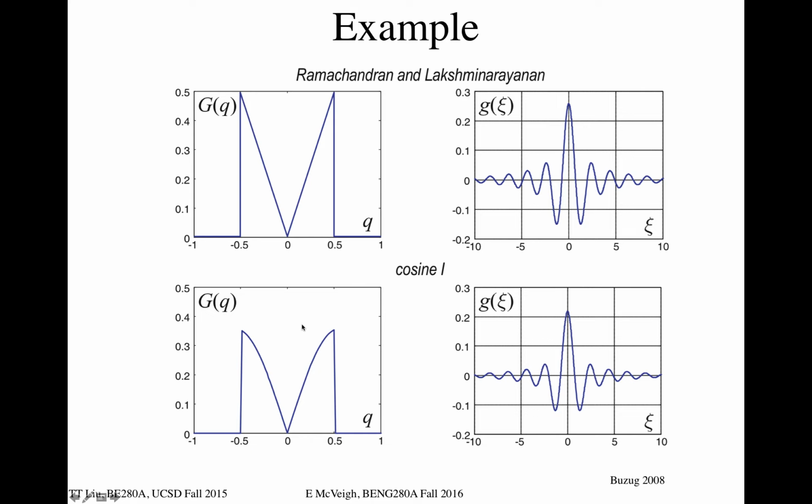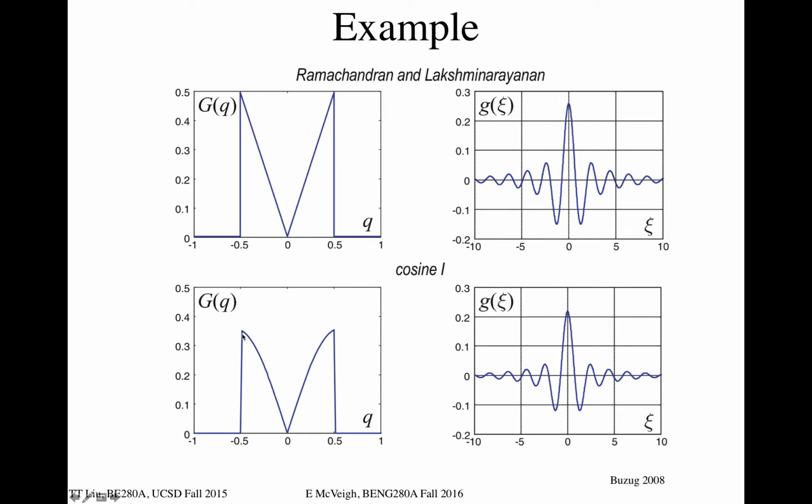So over the years, people have developed different versions of this to try and smooth out the issues of getting these really sharp transitions in Fourier space. And here's one.